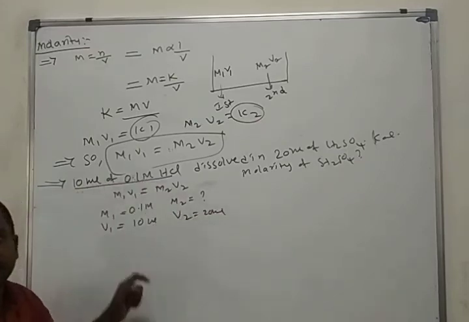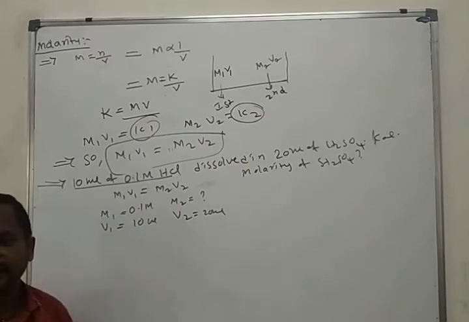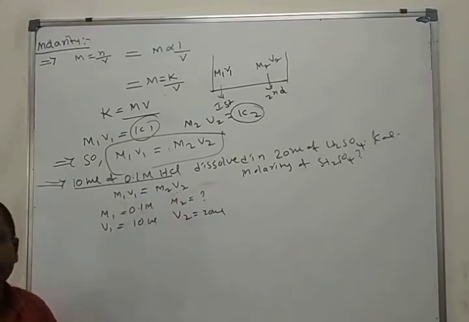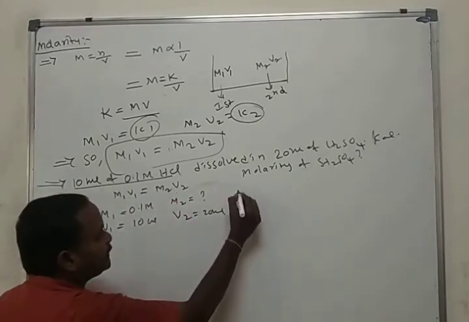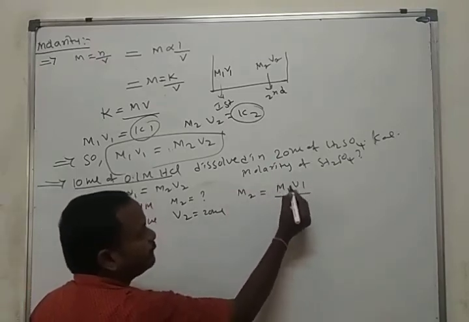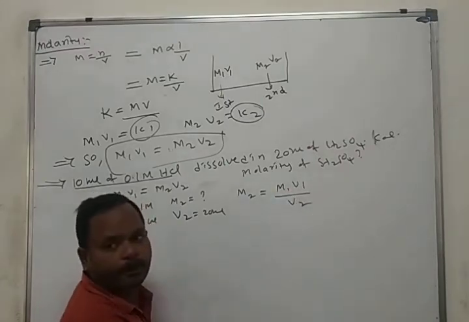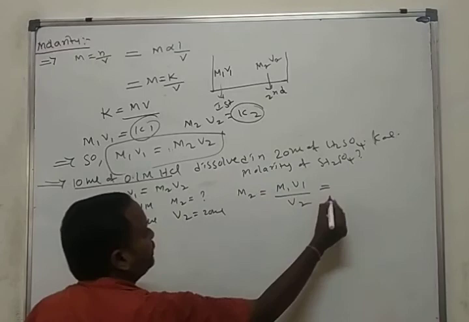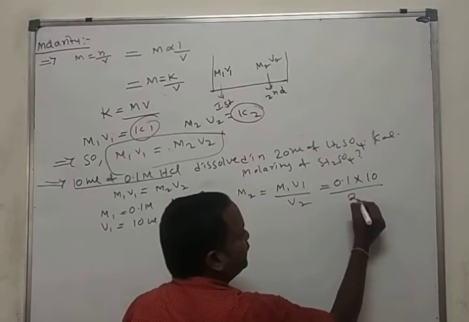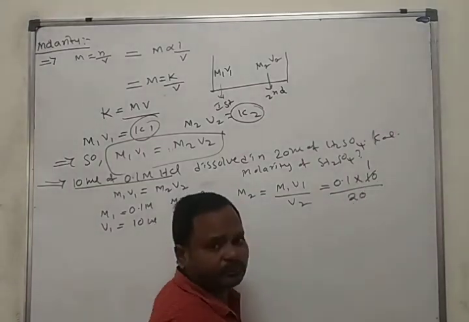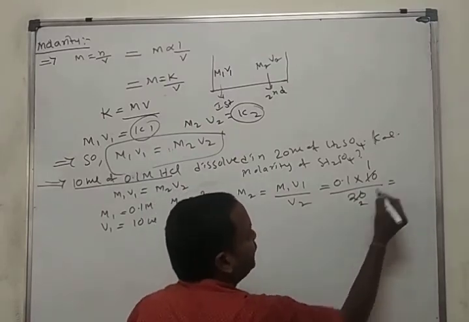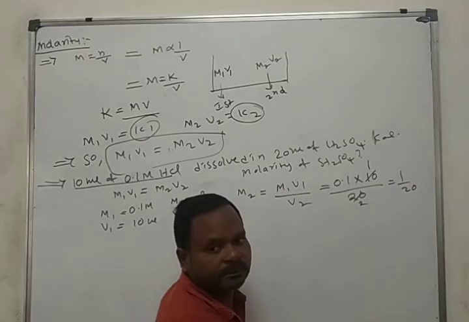If you know three terms, then you can calculate the fourth term. You calculate M2. M2 V2 is equal to M1 V1, so M2 is equal to M1 V1 by V2. M1 is 0.1, V1 is 10 ml, divided by 20. 0.1 by 2 means 1 by 20.